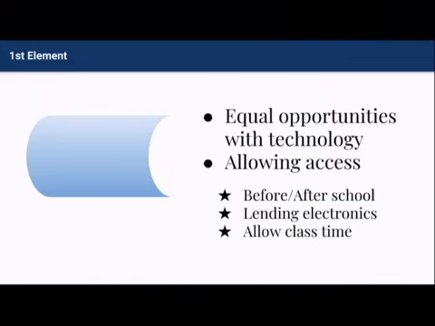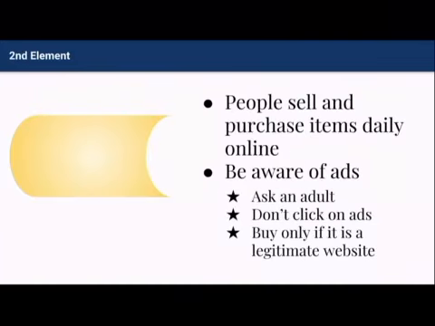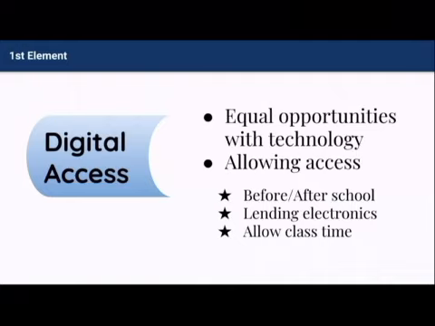The first element is in regards to digital access. It involves equal opportunities with technology, so that's allowing access to all of technology for your students. You can offer technology before or after school, so maybe coming into the classroom 30 minutes early.